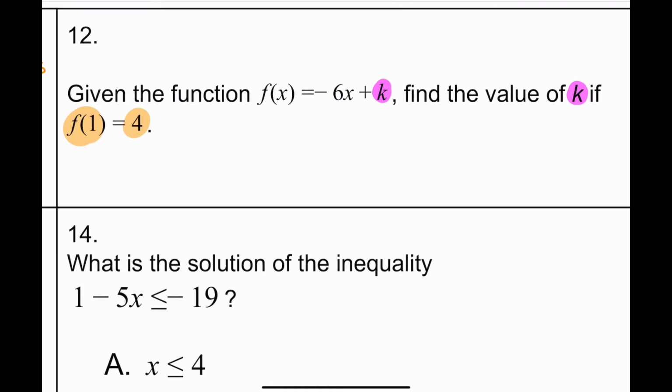So f of 1 equals negative 6 times 1 plus k, and we know that f of 1 is equal to 4, then what we're using is this equation to solve for k.